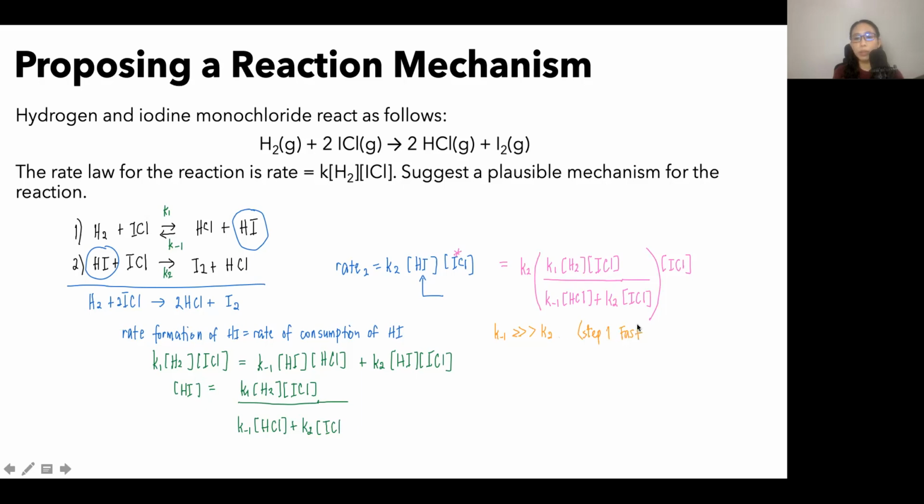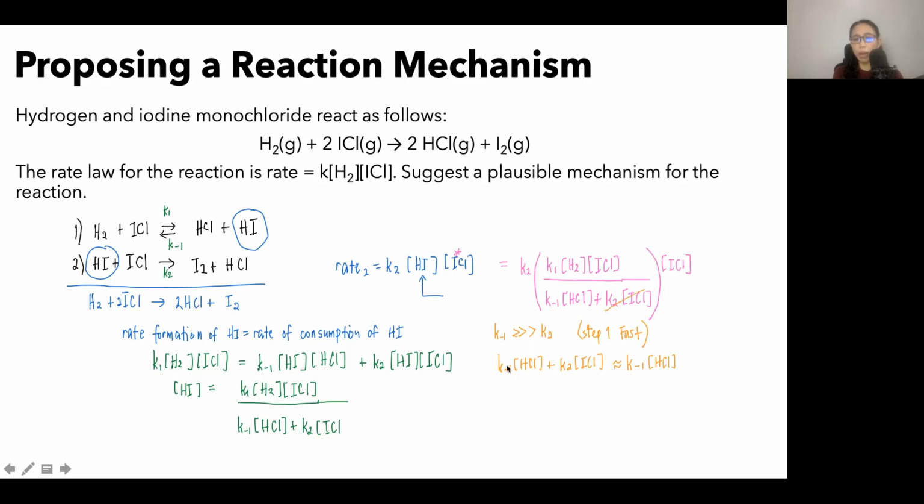What can we do with the denominator? Since k2 is so small, this term is negligible. So we say that k negative 1 times HCl plus k2 times ICl is approximately equal to k negative 1 times HCl. So this is eliminated.